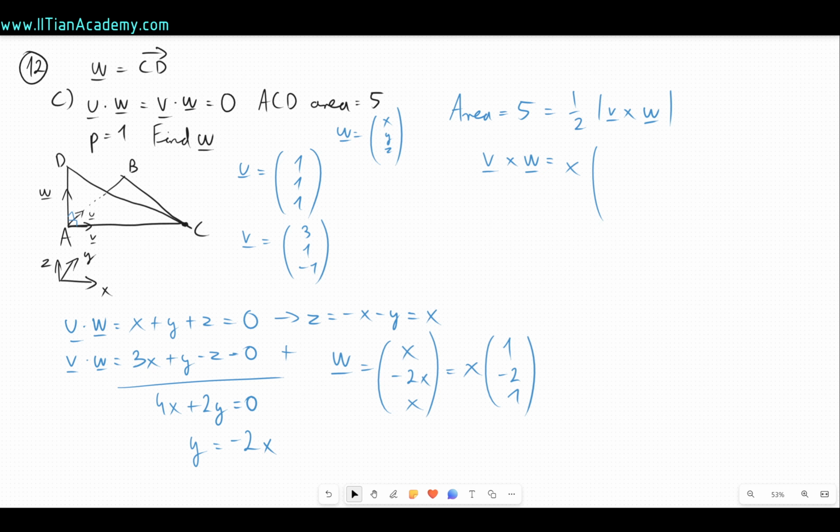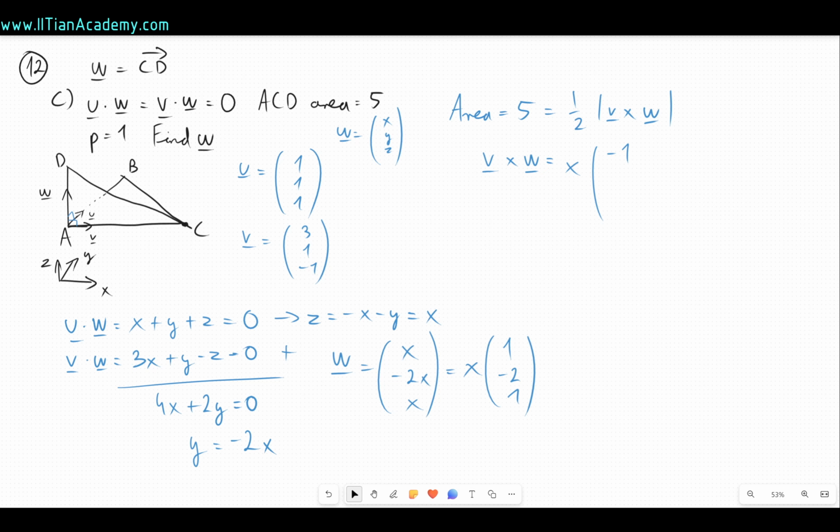So these are the two vectors we should be looking at here. The first component we can find by not looking at these two and finding the determinant of these two terms over here. So it will be 1 times 1 is 1, and then minus 1 times minus 2. So that will be 1 minus 2, so that's minus 1.